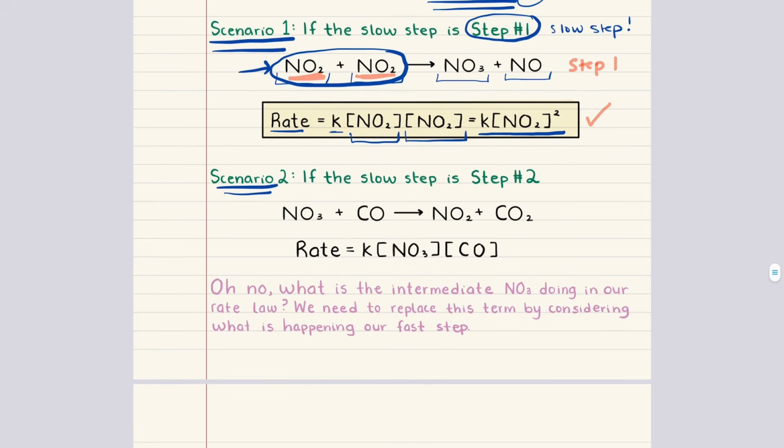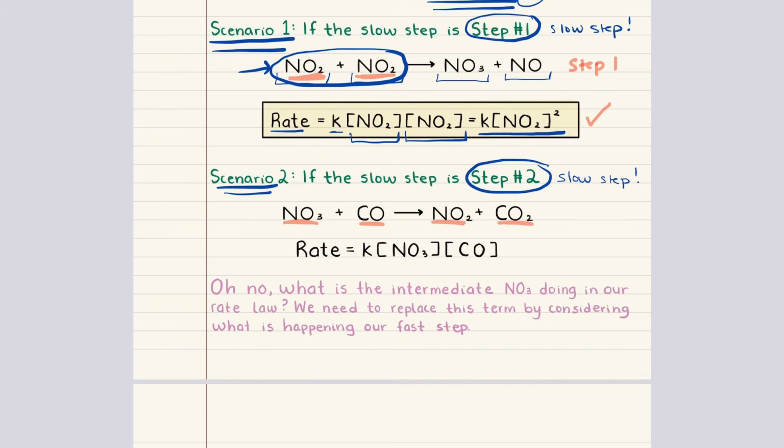Now, in the second scenario, things get a little more complicated. We're going to pretend that step two is the slow step, not step one. Step two shows nitrogen trioxide reacting with carbon monoxide to form nitrogen dioxide and carbon dioxide.